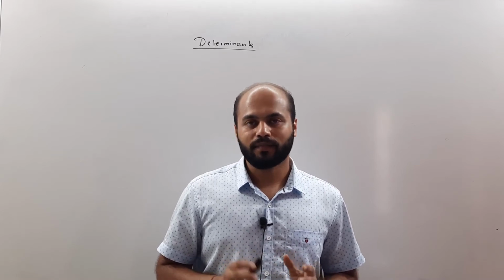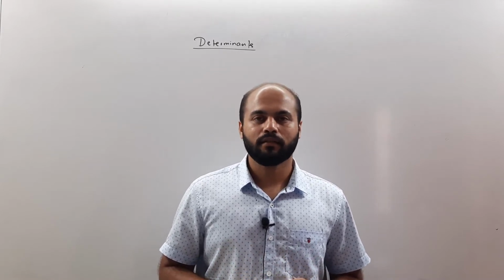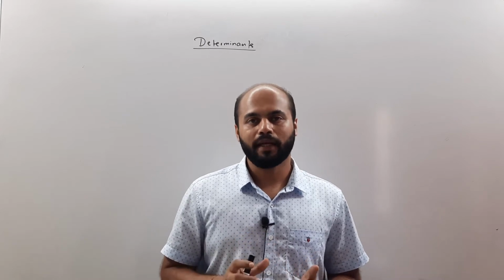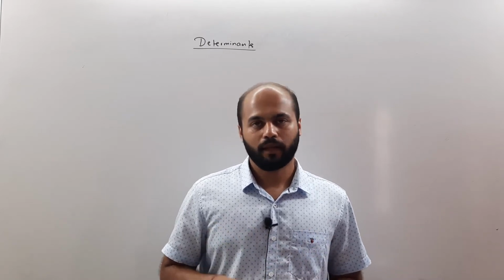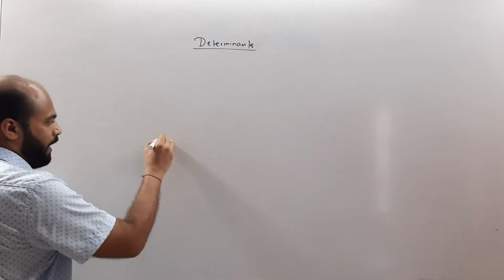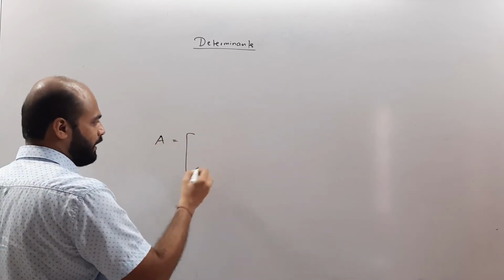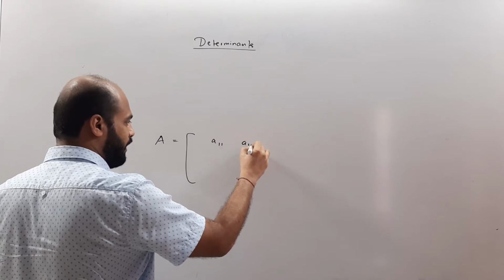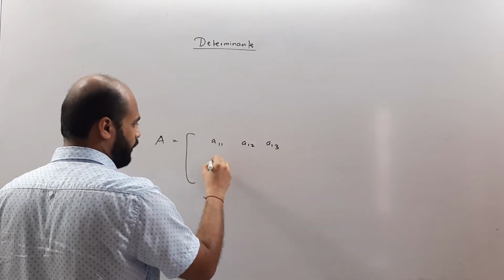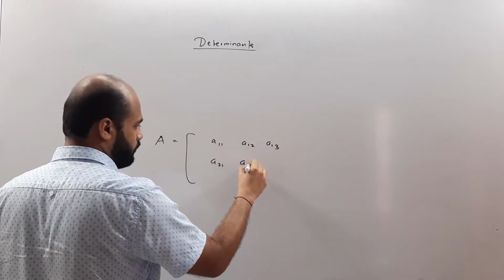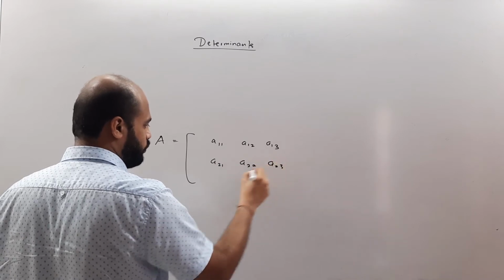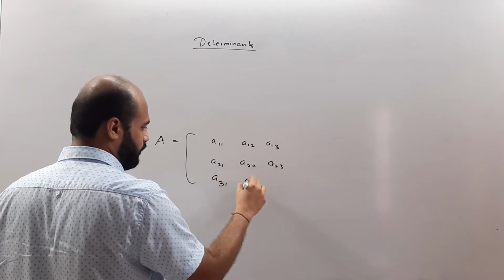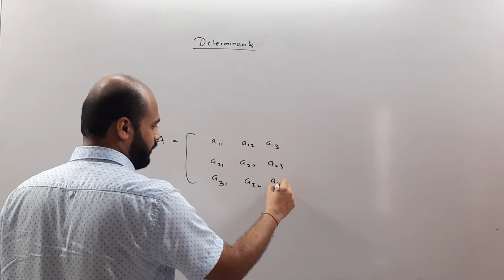Now, in matrices, we have learned that a matrix is an array of elements, wherein we say that if we have a matrix A, then we can write it in the form of elements as A11, A12, A13, A21, A22, A23, lastly A31, A32, A33.